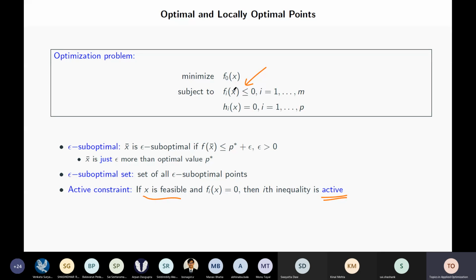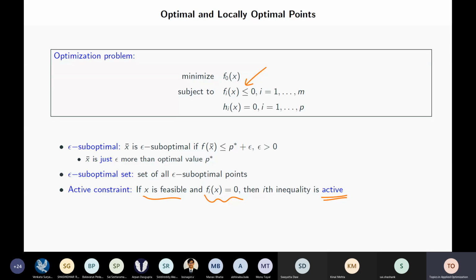So it may happen that there is some x for which some inequality is actually an equality. So some inequality may become active for certain feasible x, and we call it active when it hits the equality.